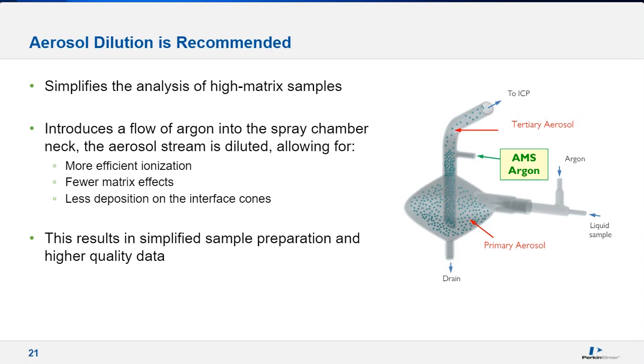The dilution of the aerosol allows for more efficient ionization of the sample as it enters the plasma. This results in reduced suppression and fewer physical and matrix effects overall. In addition, there is less deposition on the cones, which means you can run for longer without having to do maintenance.